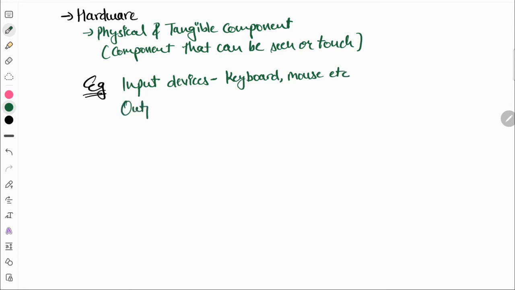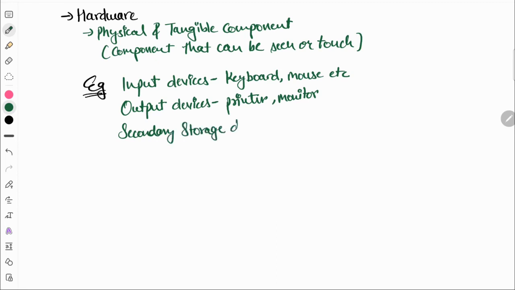Output devices, printer, monitor. Secondary storage devices, hard disk, CD DVD player.